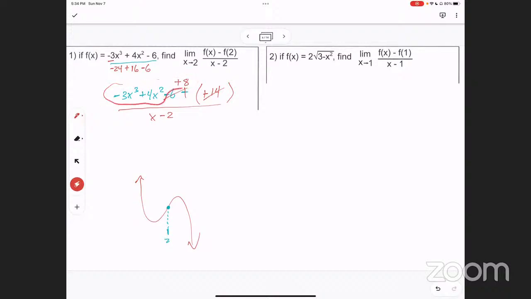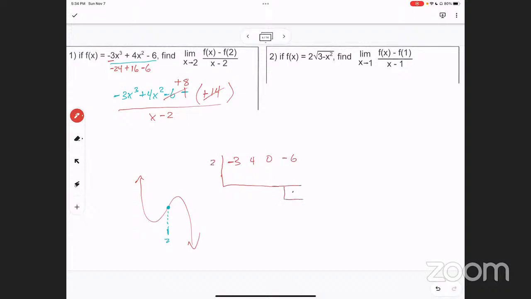That can factor. It's going to have a factor, and the factor is going to be 2. Now, do you remember using synthetic division? So let's do synthetic division to do this. This is kind of tricky. So I'm going to go -3, +4, 0, -6, and I'm going to put a 2 on the outside, right?